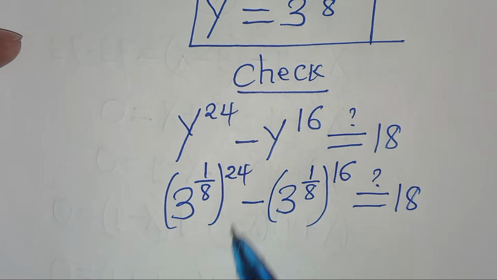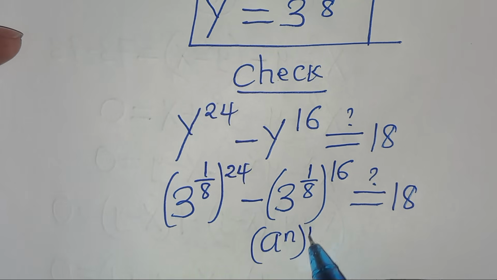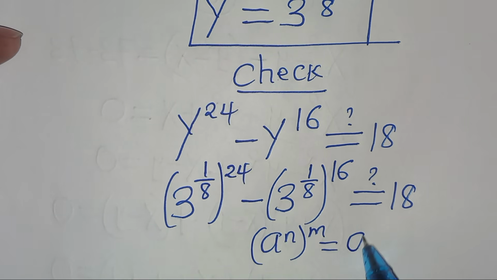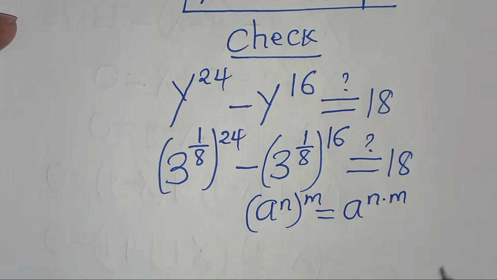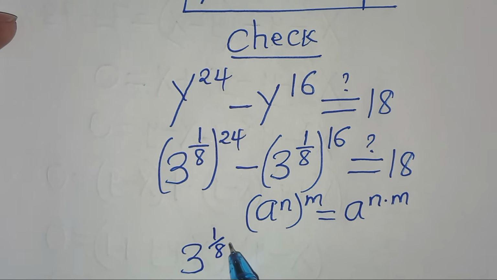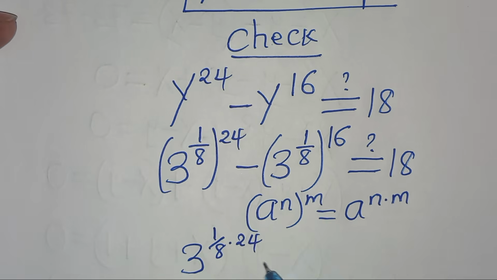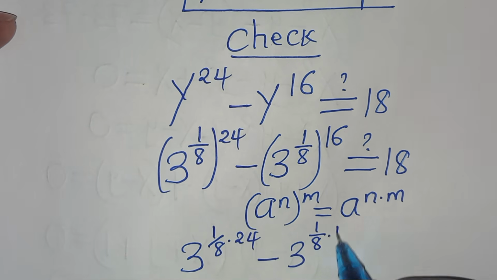Let's simplify here. This is in the form of a to the power of n raised to the power of m, which we can express as a to the power of n multiplied by m. So this is to mean that here we have 3 raised to the power of 1 over 8 times 24, subtract 3 to the power of 1 over 8 multiplied by 16.